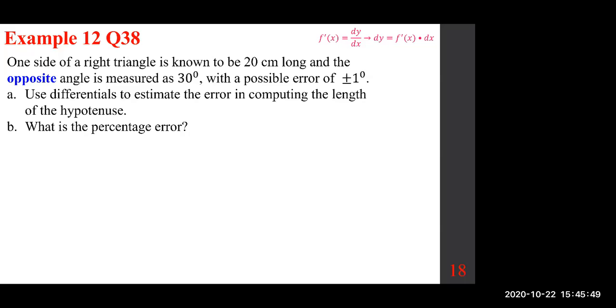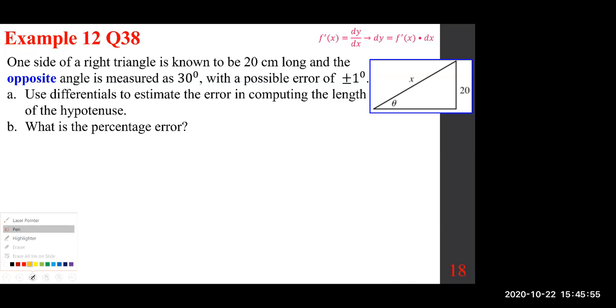So first, let's do the drawing. So this is theta. The opposite side is 20, and the hypotenuse we don't know. We can give it any name, x, y, z. It makes no difference. We just know this theta is 30 degrees with a possible plus minus 1 degree.